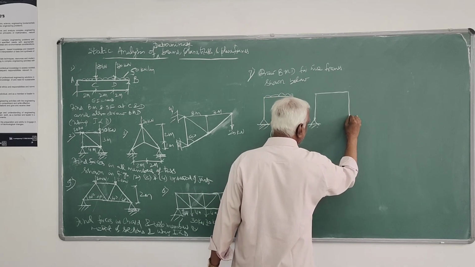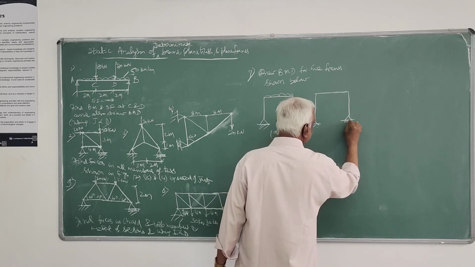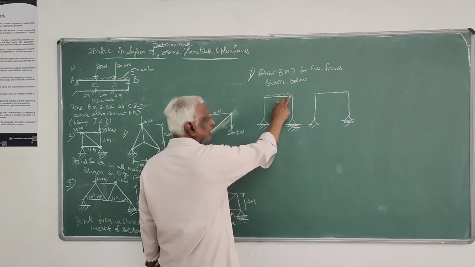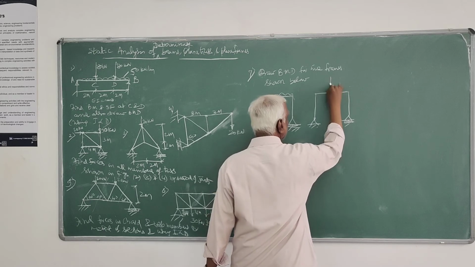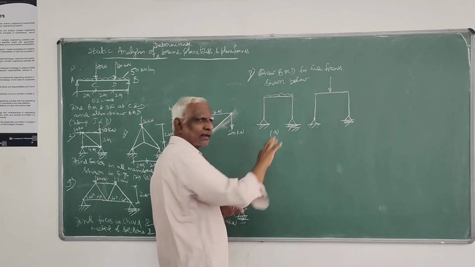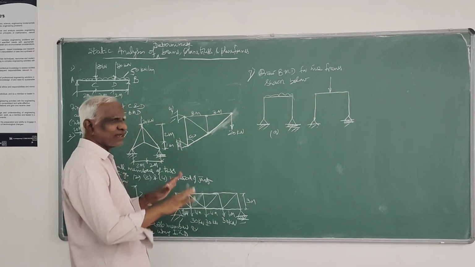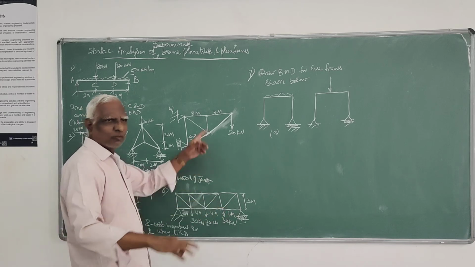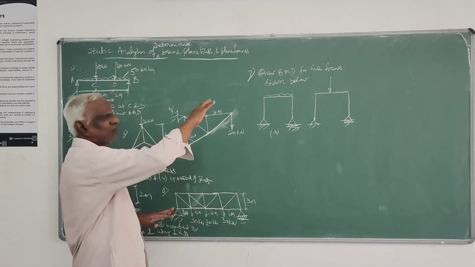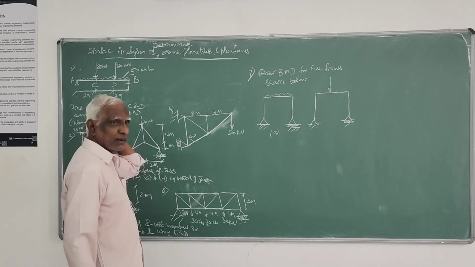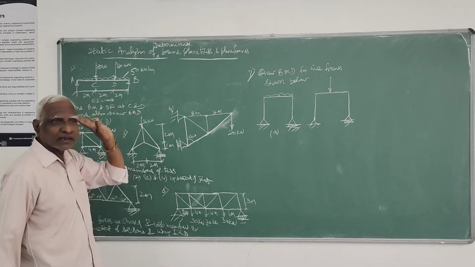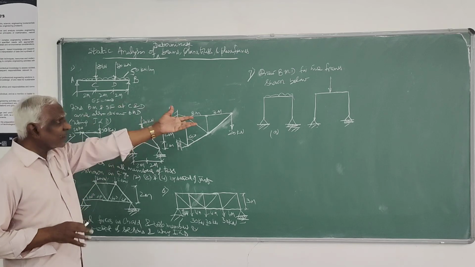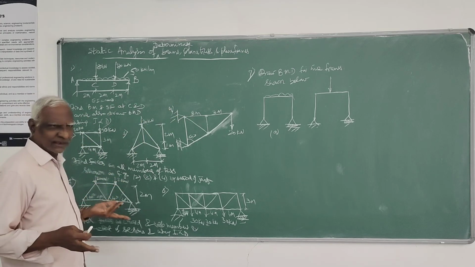When load is acting only on the beam member of the frame, this is beam member, this is column member, then you will get the bending moment diagram similar to a beam. Only for the beam member you have to draw the bending moment. It is similar to this beam problem. Whatever supports you have here, that is replaced by column. That's all. It is similar to a beam, nothing other than that.